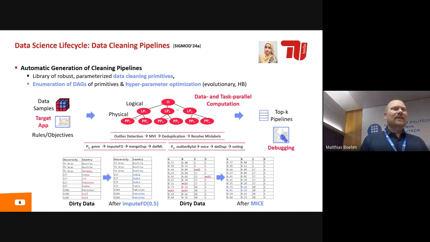Our course was very challenging because we had practical exercises where we gave them real-world data, and every semester a new data set. I just picked one, and all of them were dirty. I actually had the hope that as we build this data cleaning infrastructure, we would automate the preparation of the exercises for this course as well.